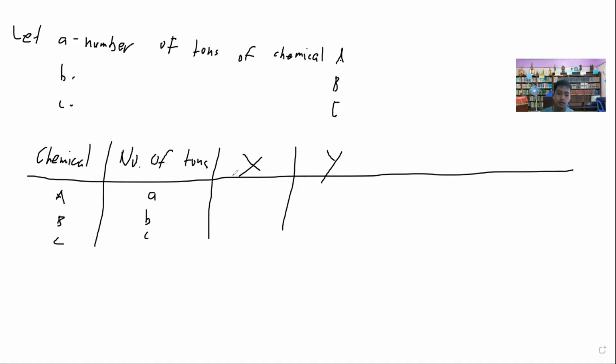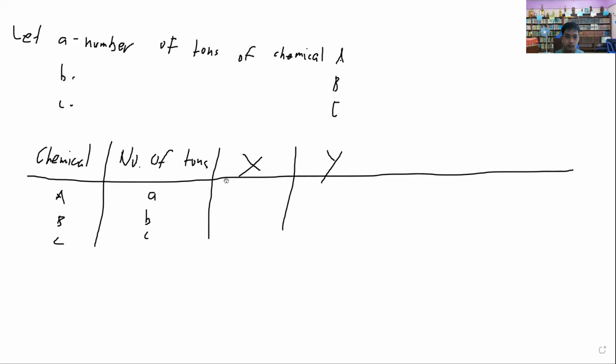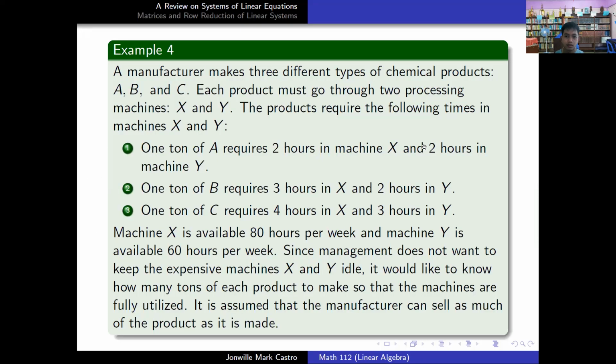Yung X and Y, so yung time needed natin kay machine X, tapos time needed natin kay machine Y. So si chemical A, babalikan natin yung problem natin. Si A, 2 hours kay machine X, 2 hours kay machine Y. Si B ay 3 hours in X, 2 hours in Y. Si C ay 4 hours in X and 3 hours in Y.